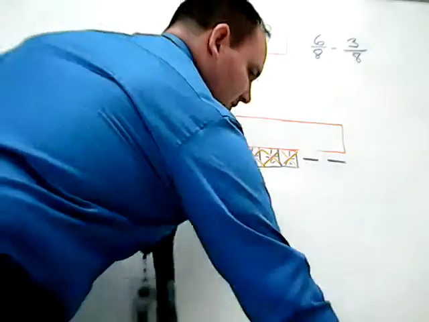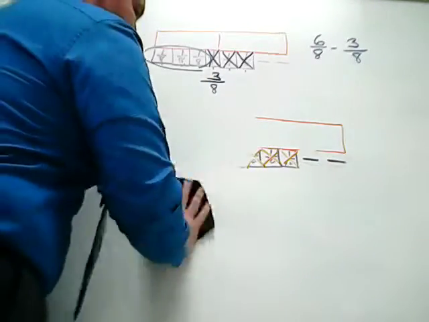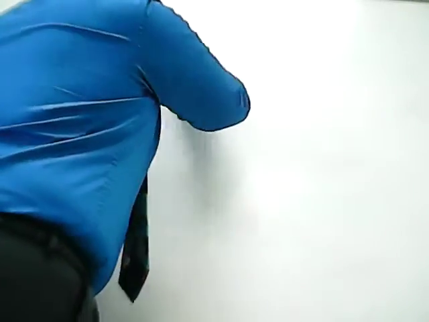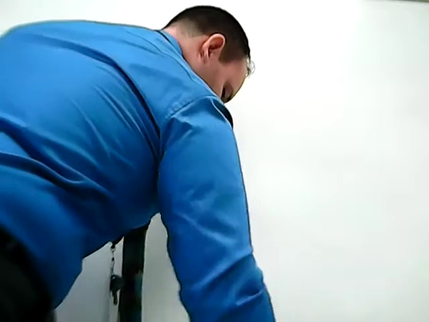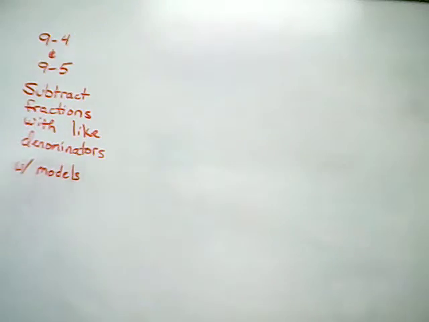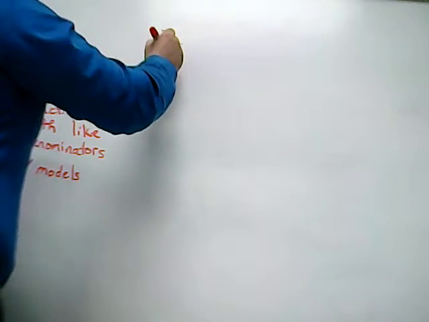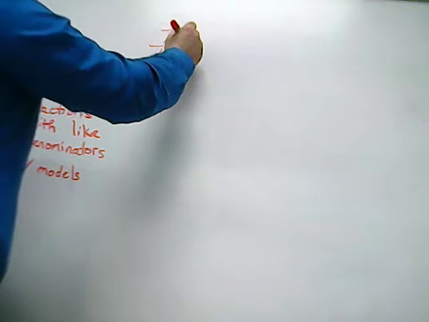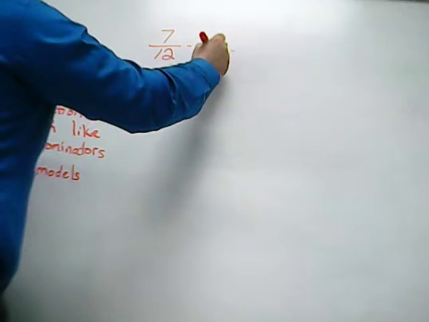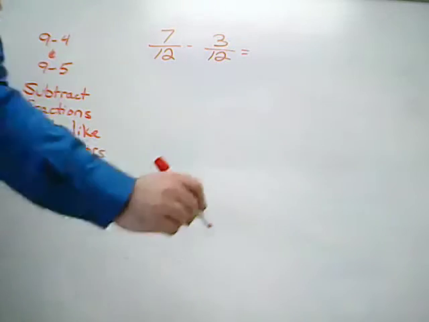9-5, let's take a look at it here. 9-5 is simply subtracting across the numerators and keeping your denominators the same. For example, 7/12 minus 3/12.